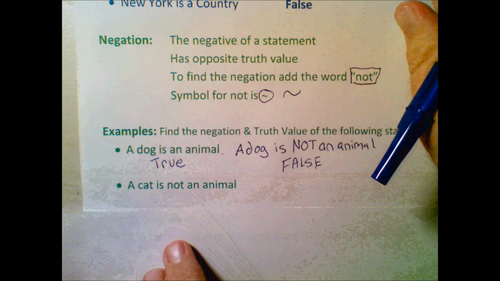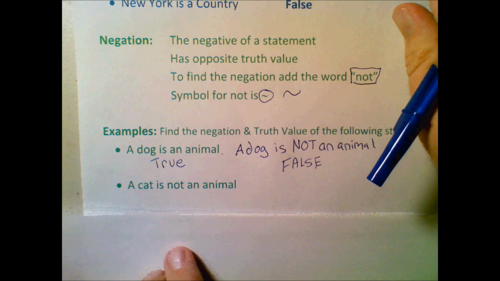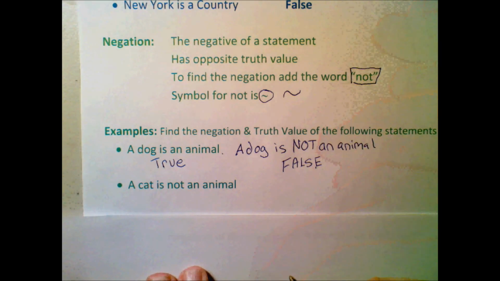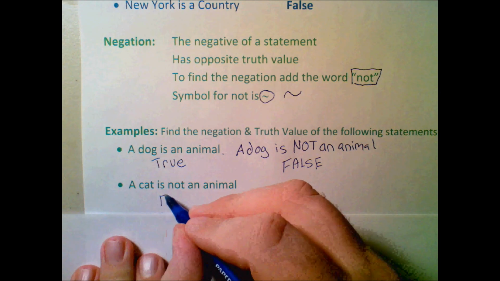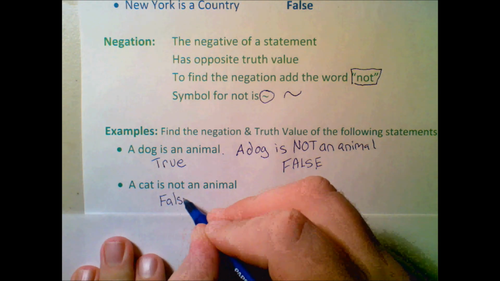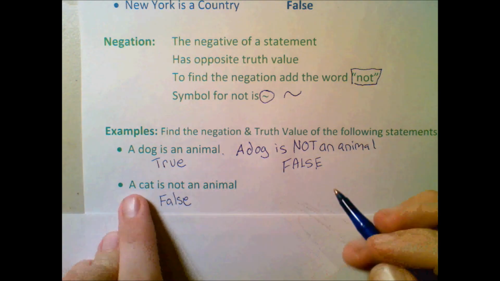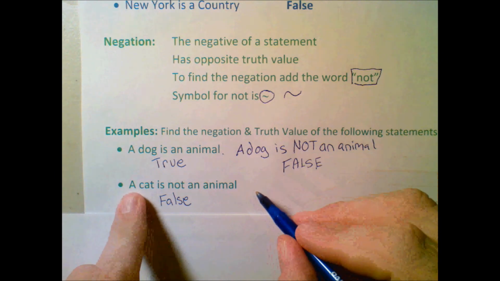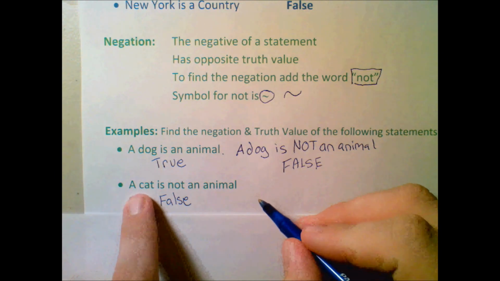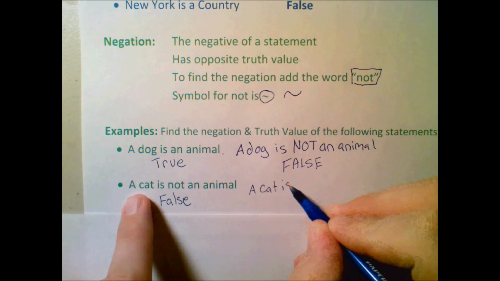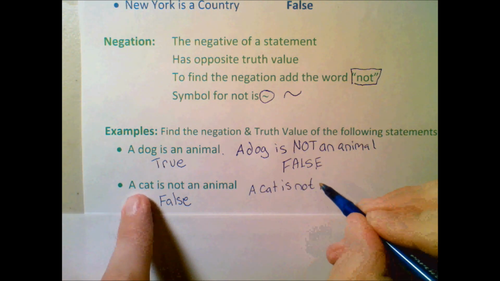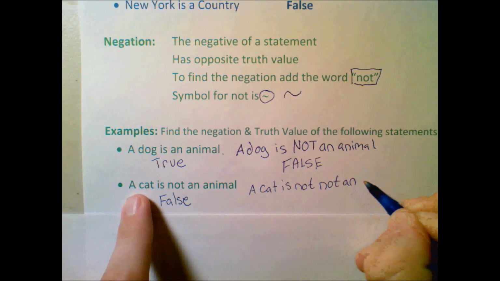Now, let's take a look at the last example. A cat is not an animal. Now, if a cat is not an animal, that's not a true statement. So we're going to say that is false. Now, this is where we have that situation I was talking about earlier. We have to find the negation of this statement. So what we can do is we go, a cat is not an animal.